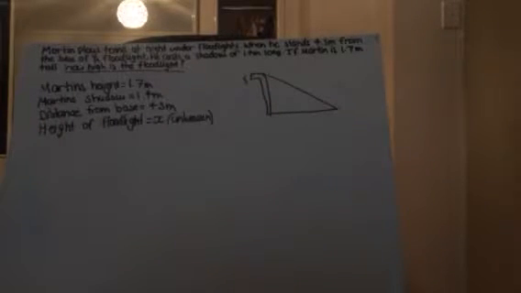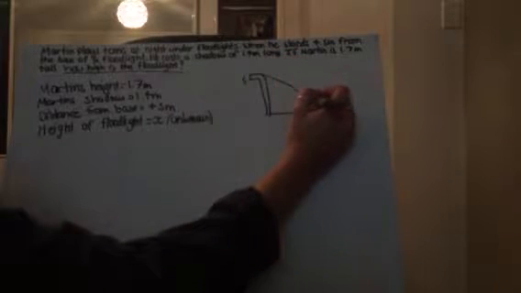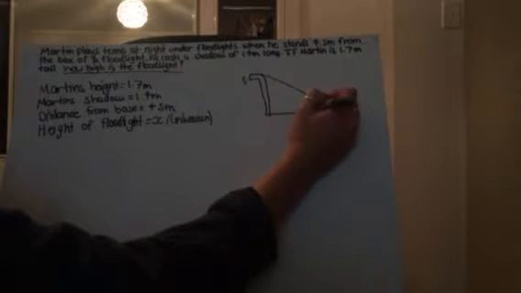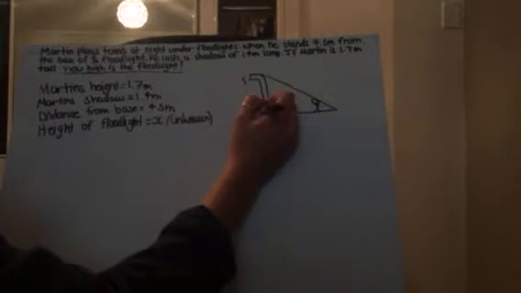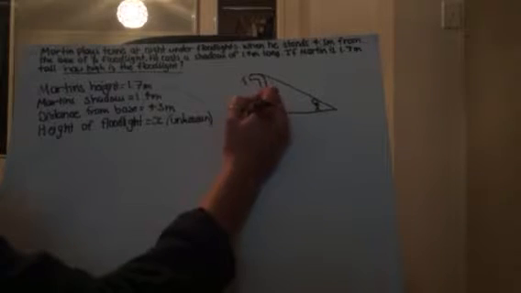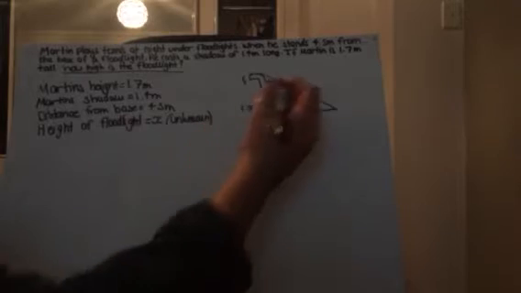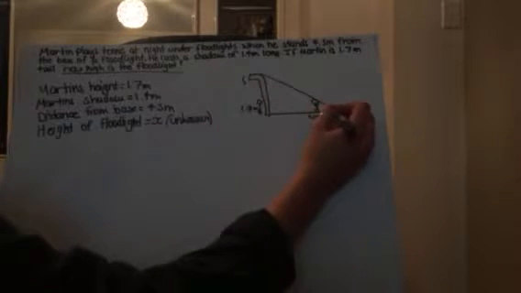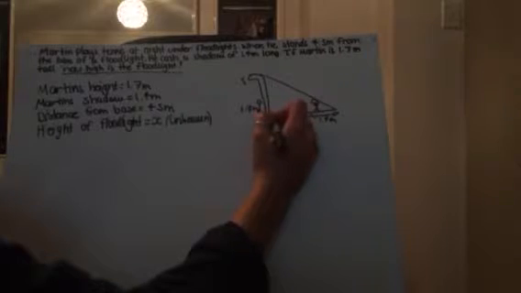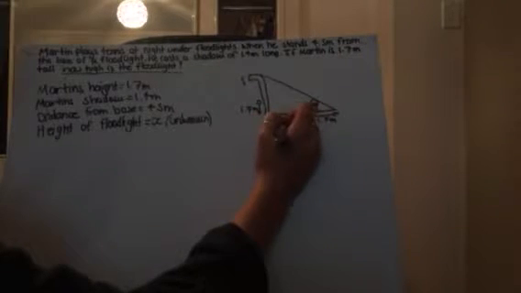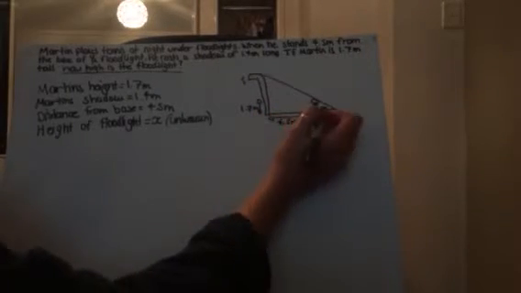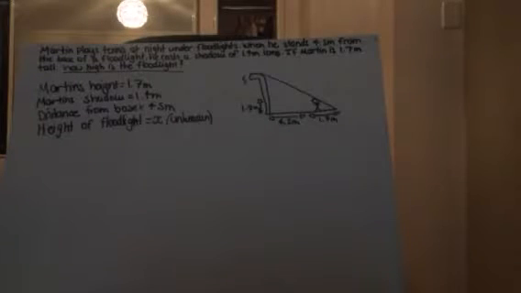So, we know that Martin is standing here, and we know that he is 1.7 meters tall. We know that his shadow is 1.4 meters, and he is standing 4.5 meters away from the floodlight.